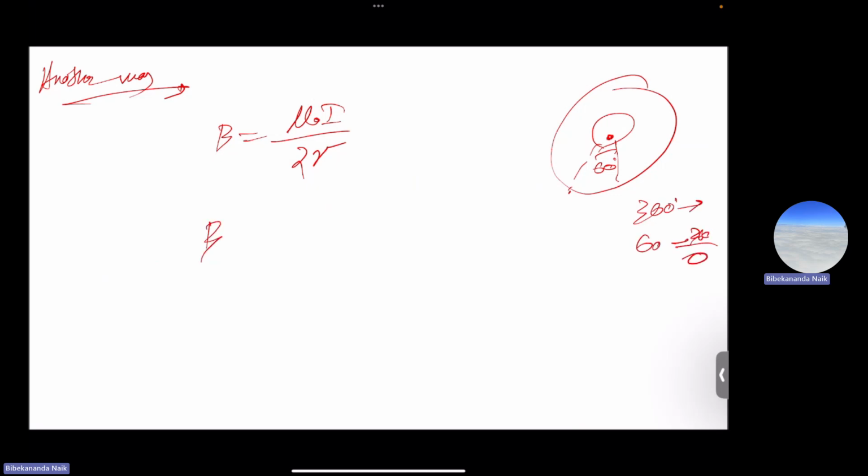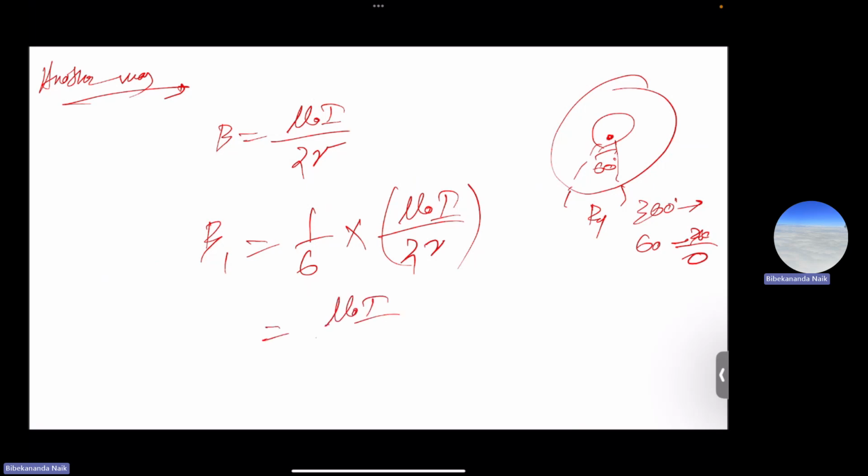Suppose this is B1, so B1 will be 1 by 6 of mu 0 I by 2r, because current is equally distributed and the same current is flowing through all the wire, so the length is L by 6. So it will be mu 0 I by 12 R.